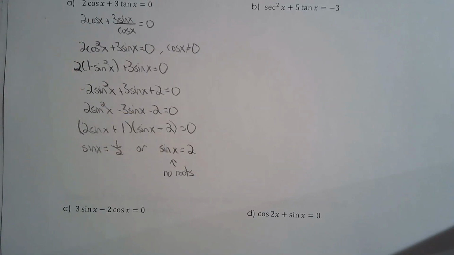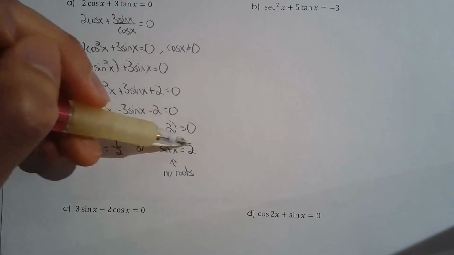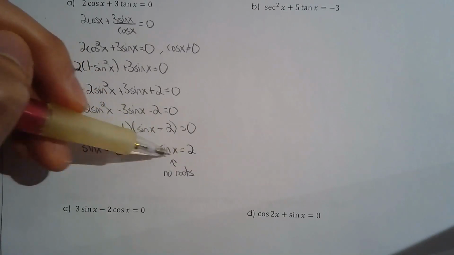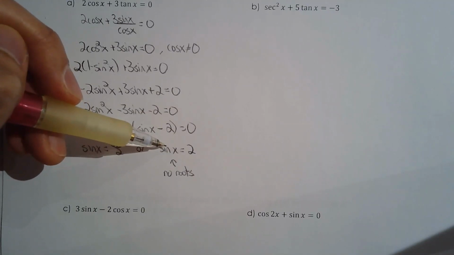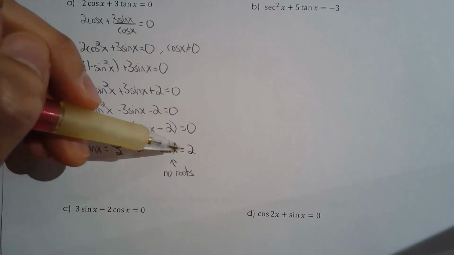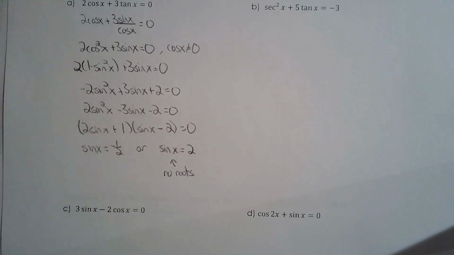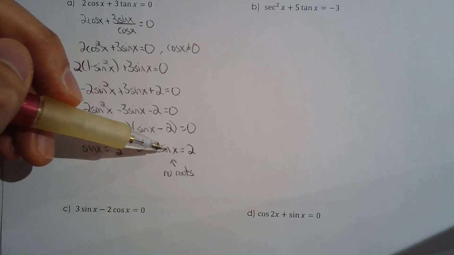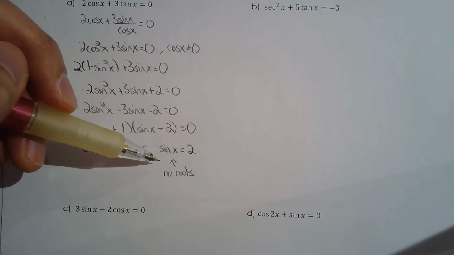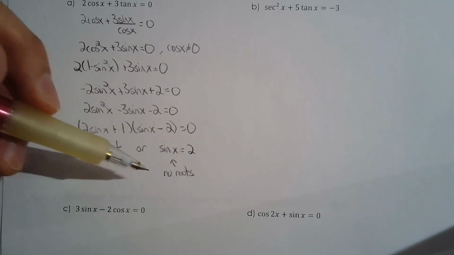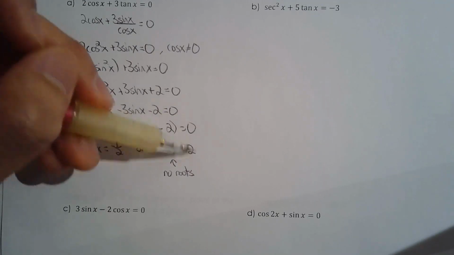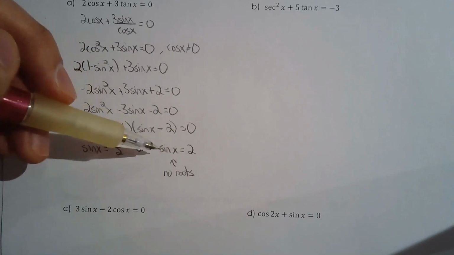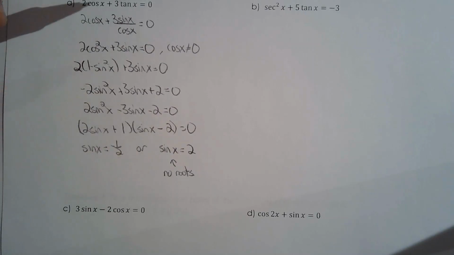That makes no sense. In grade 11, you learned the new definition: sine is defined as the y-coordinate of the unit circle. Well, how are you going to get a y-coordinate of 2? Impossible. What else can you say? The graph of sine x has a range of any value from -1 to 1. So for so many different reasons, you should realize that sine x equals 2 can't give you anything.